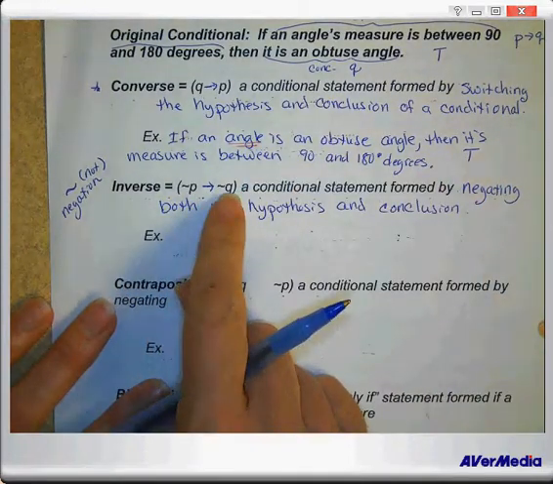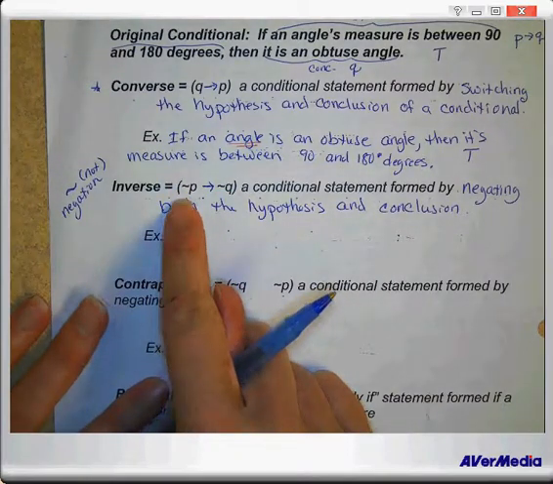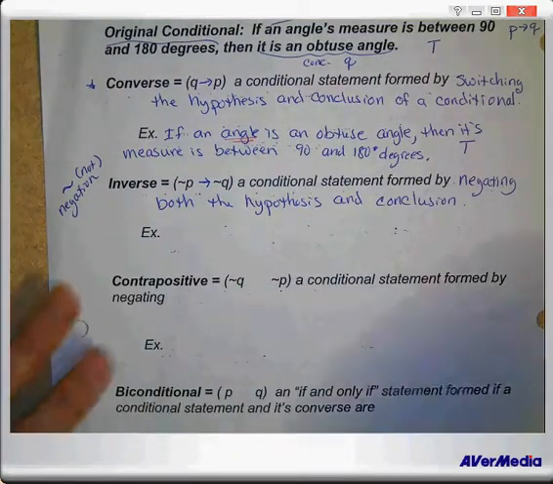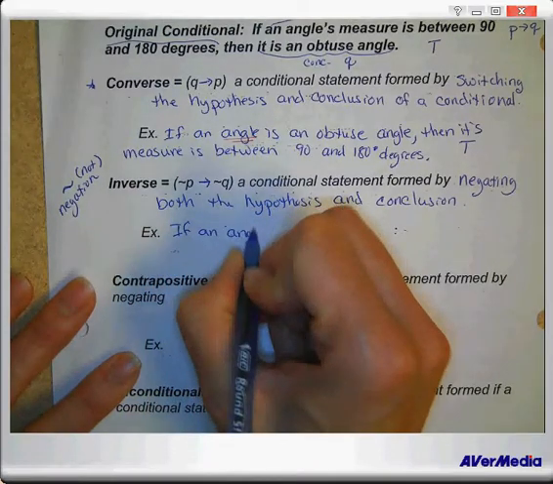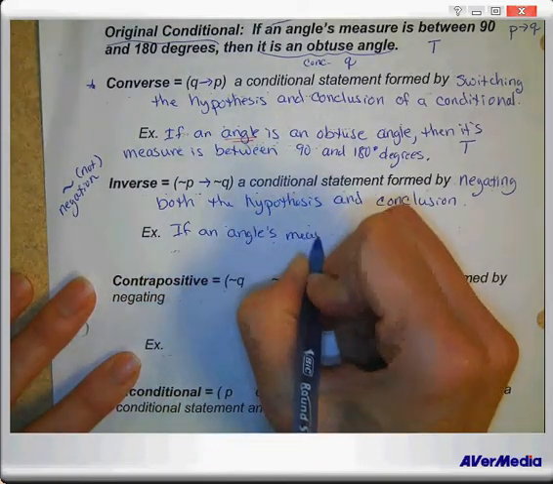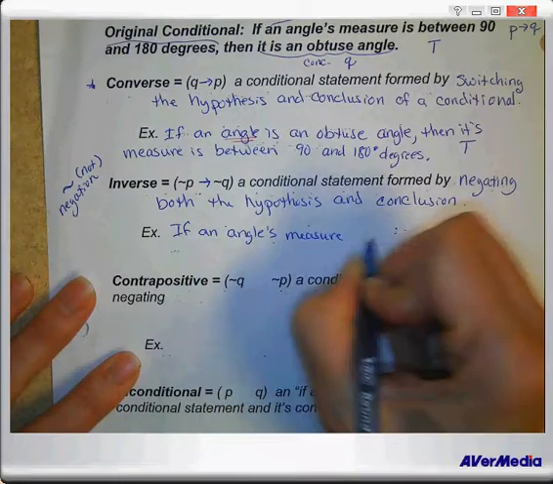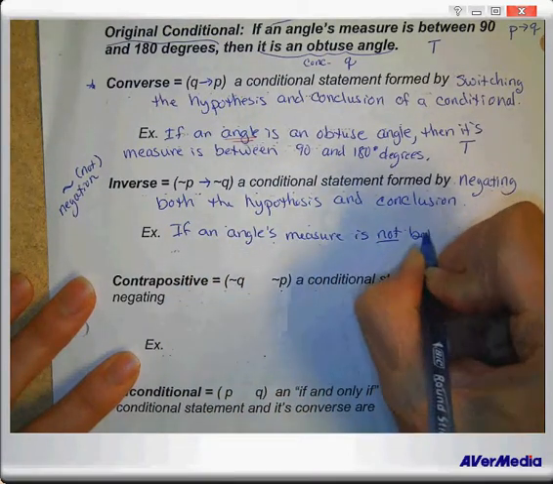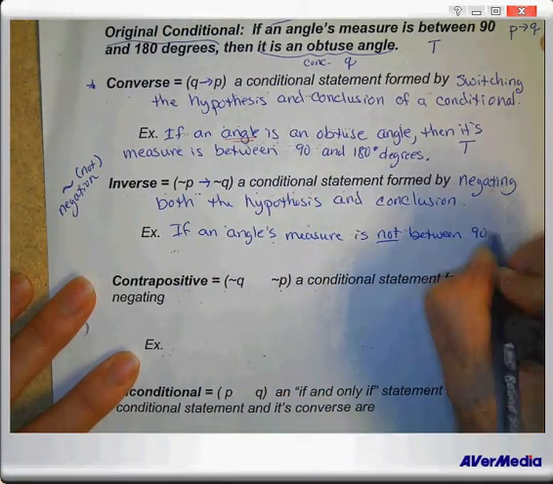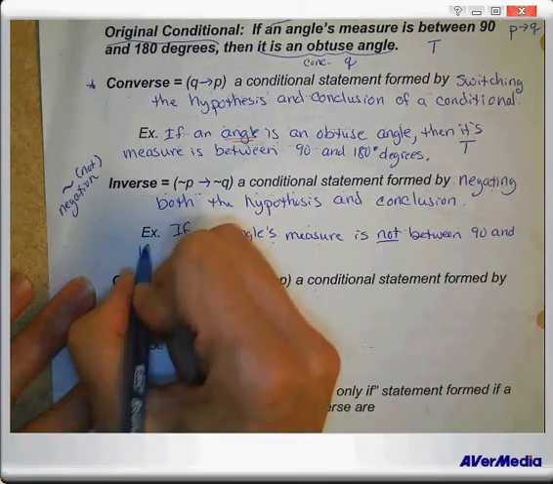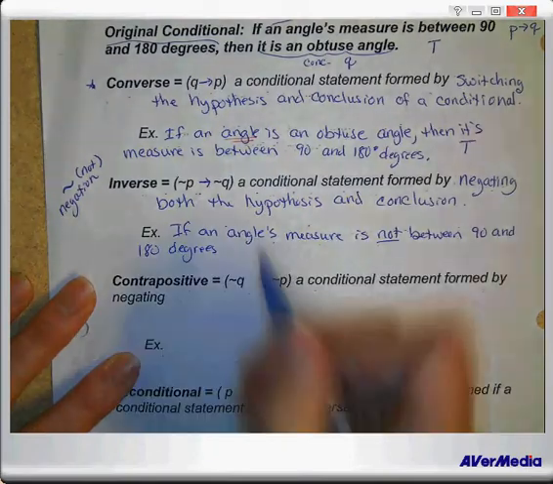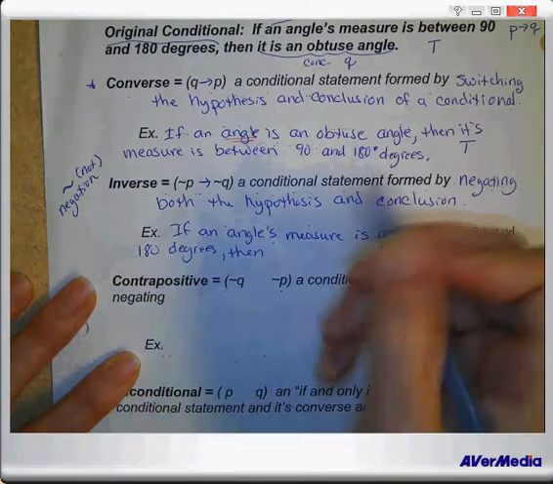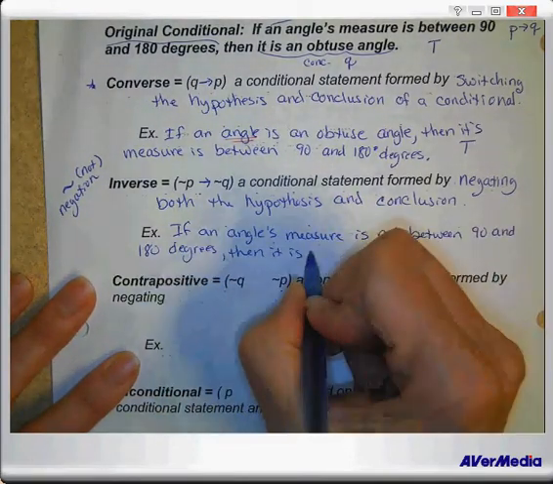If an angle's measure is not between 90 and 180 degrees, then it is not an obtuse angle.